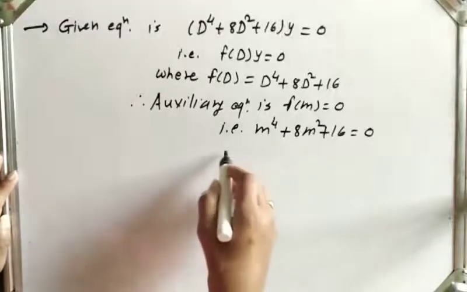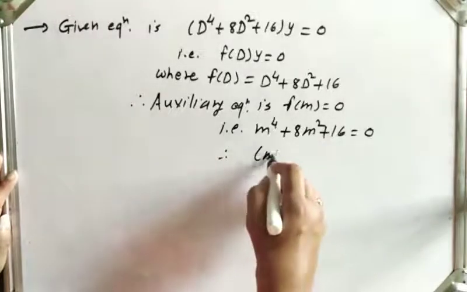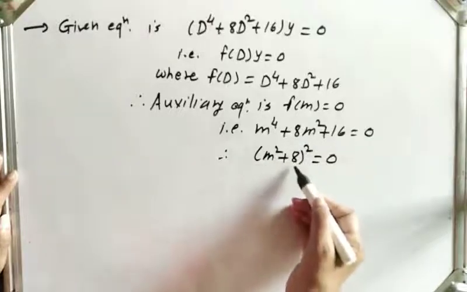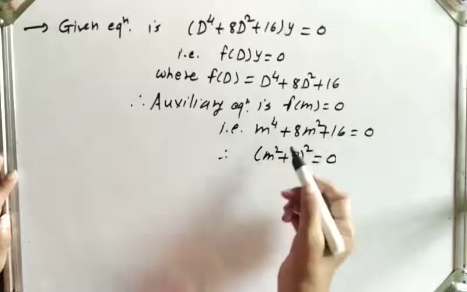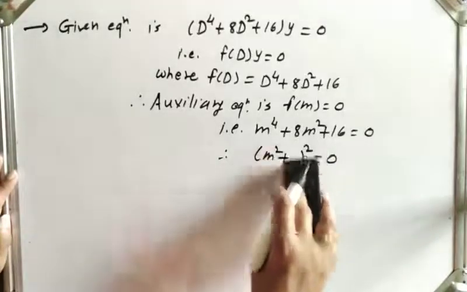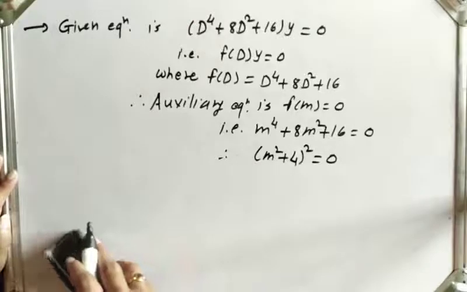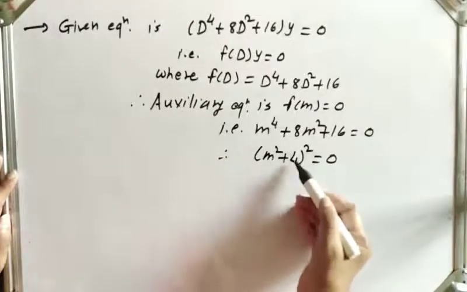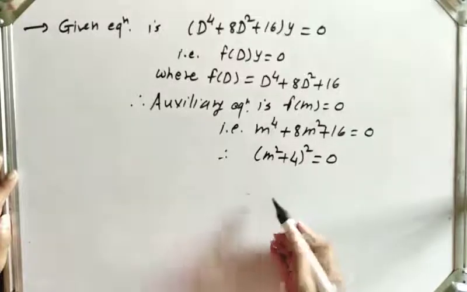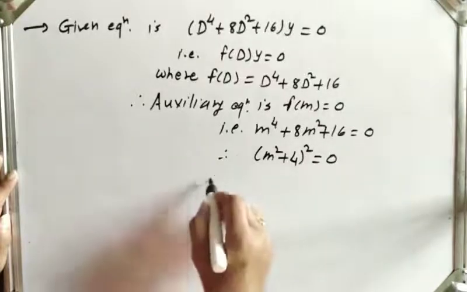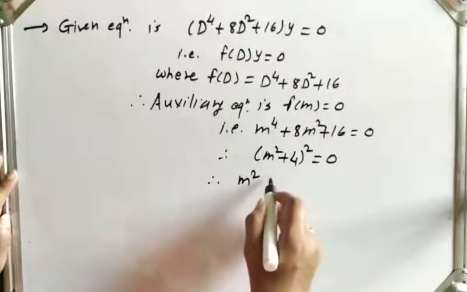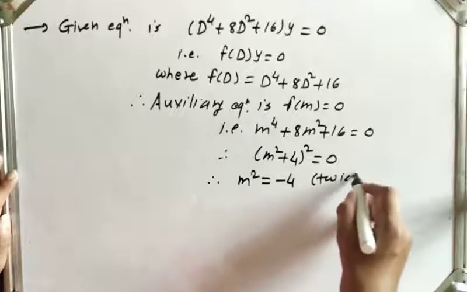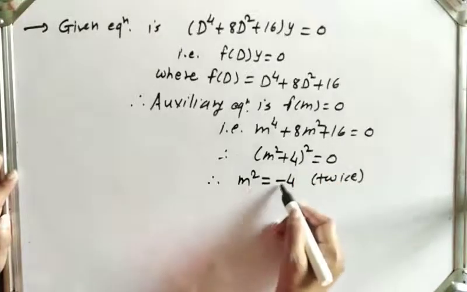Now you can observe that this is square of m square plus 4, because square of m square, plus 2 into these two numbers, 8m square, plus 4 square, that will be 16. Therefore we get m square is equal to minus 4, and twice, because it is squared. So m square is equal to minus 4.